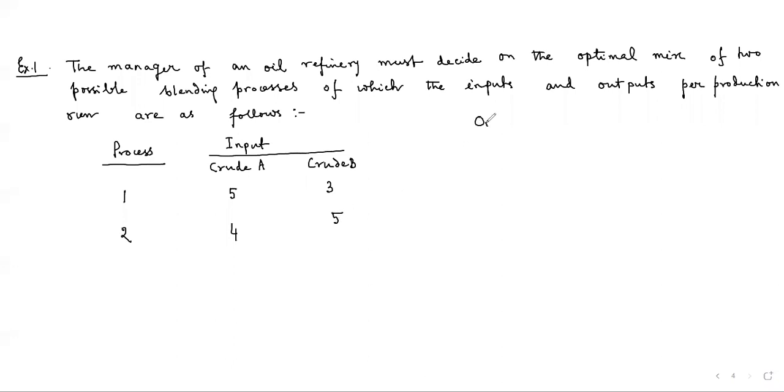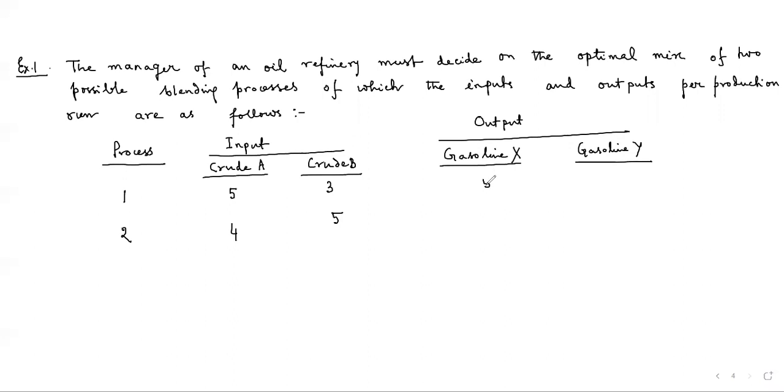And in the output section, we have two types: gasoline X type and gasoline Y type, from crude oil. And 5 units, 4 units, 8 units, 4 units.